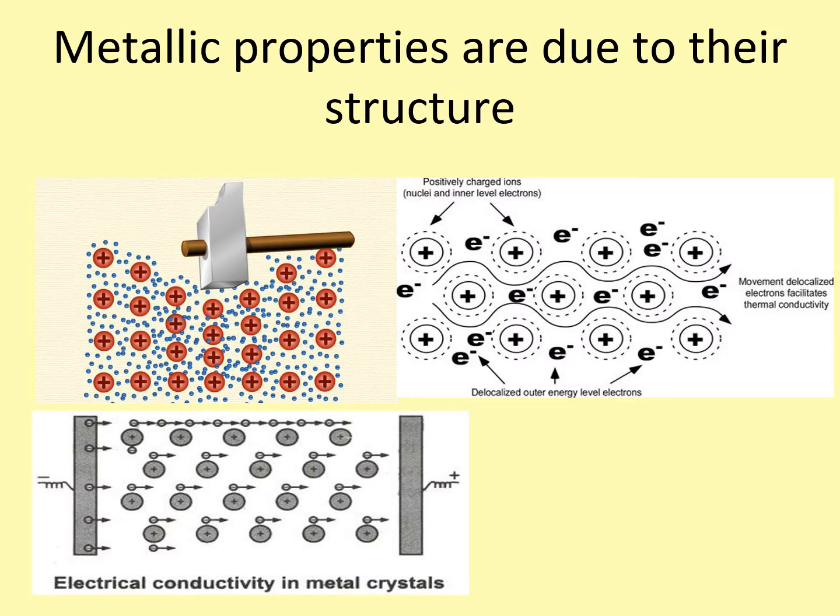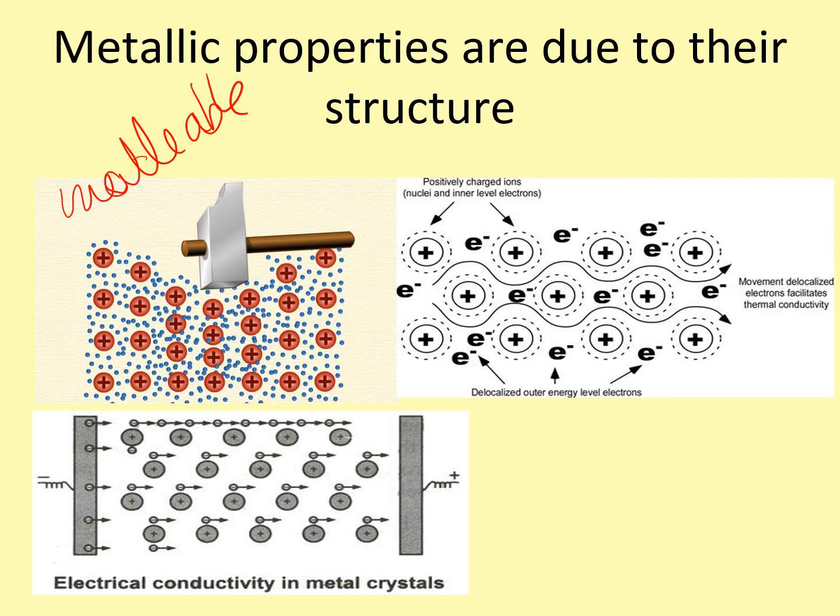Okay, so why do metals have these properties? Well, if we use this model of bonding and we have these valence electrons that can move in between all of the metal cations, then they can flow. When you hit them with a hammer, they flow and adjust, so they're malleable. So these valence electrons can adjust.